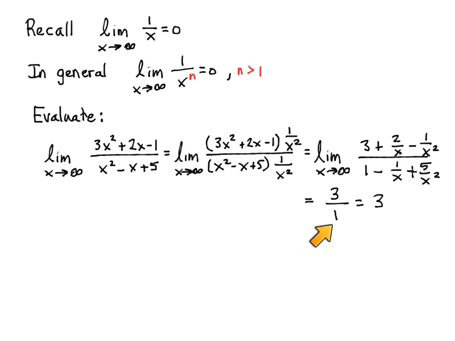Okay, so we've shown where this comes from, with the fact that this transforms into this expression, which we know from our limit laws what happens to the expression when x is in the denominator. We just get 3 over 1, which equals 3. So this is the more formal way of arriving at the leading coefficients. The ratio of the leading coefficients is what your long-term limit is.